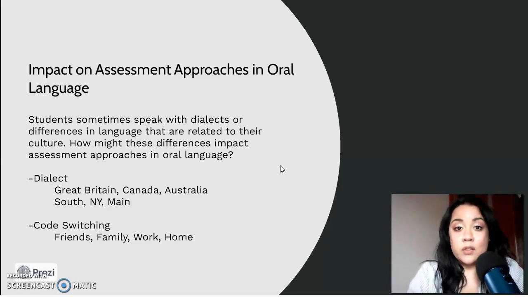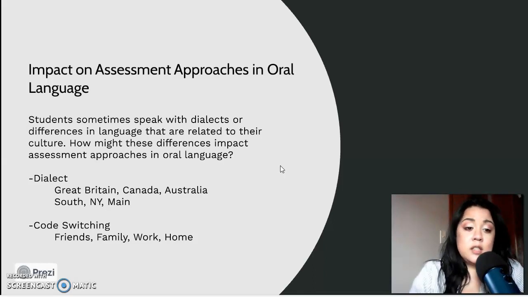First, in the world, there are several English-speaking countries, such as Great Britain, Canada, or Australia. These places do speak English, but they use their phrases and pronounce their vowels very differently than we do here in the United States. And even here within the United States, we have many different dialects.